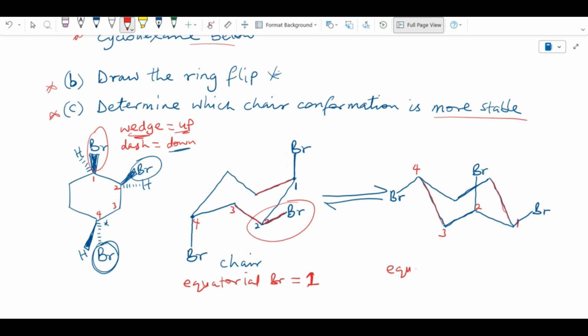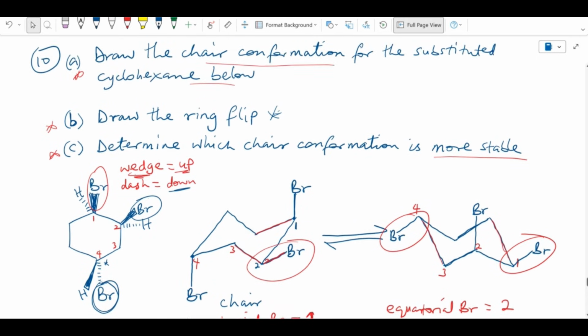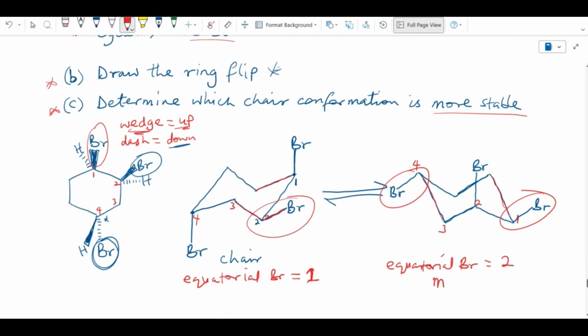The bromo groups in equatorial position here are 1, 2. The more bulky groups that are in equatorial position, the more stable the molecule will be. So therefore, the more stable conformation is going to be this. So this will be the most stable conformation.